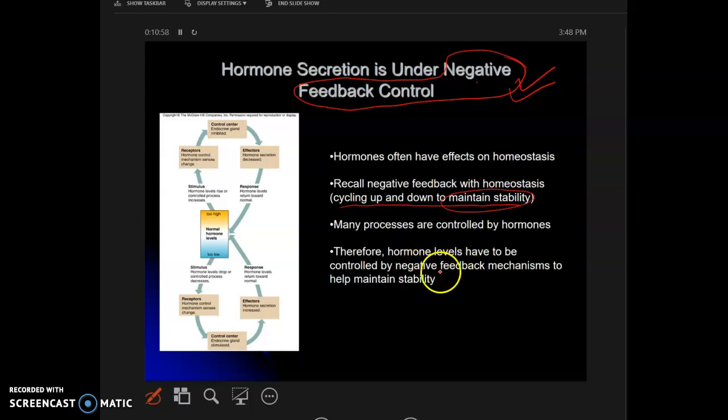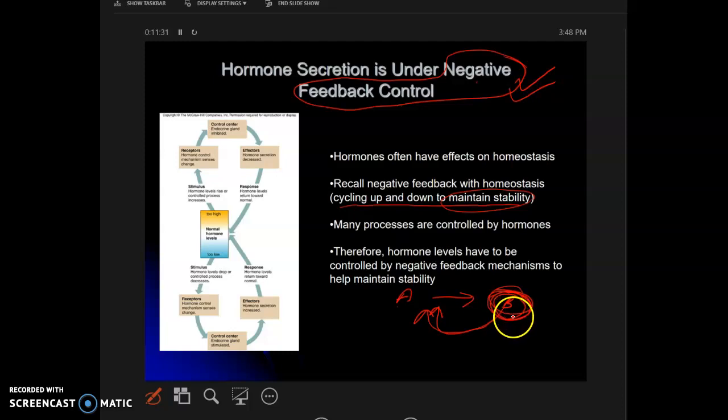So with negative feedback, what happens is that the product will inhibit if the product accumulates. Okay, here I'll explain it better. A is being converted into B. All right, this is a chemical reaction. As soon as you have lots of B accumulation, B is going to inhibit its own release. All right, this is called negative feedback.